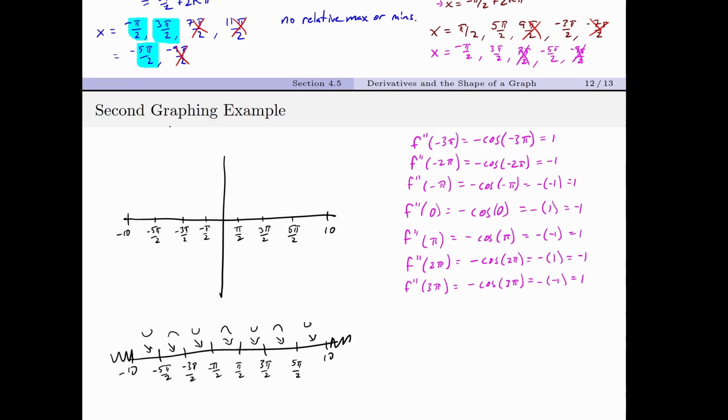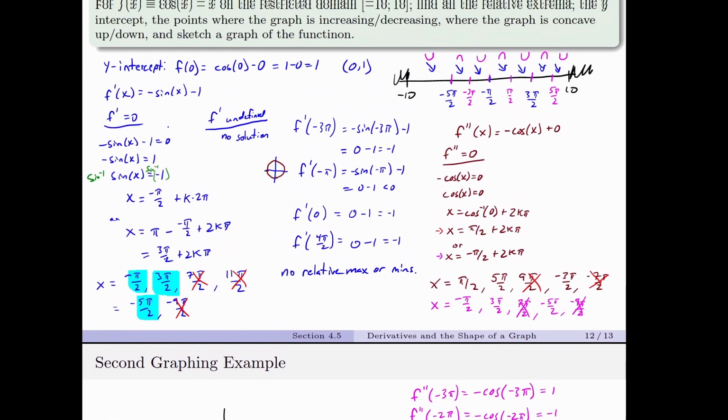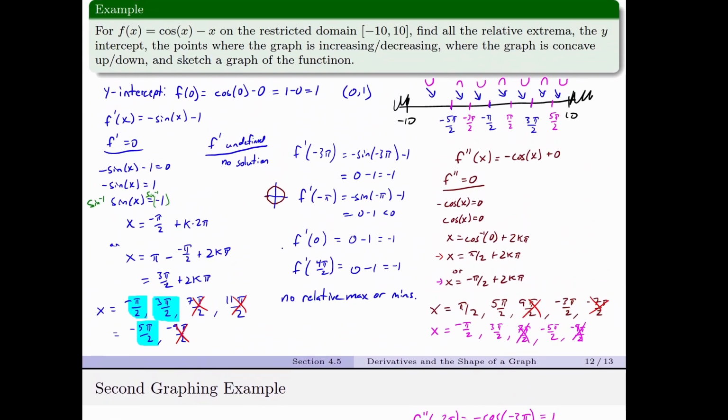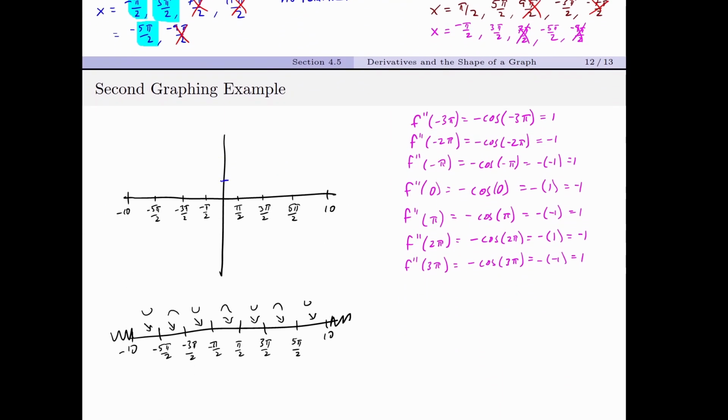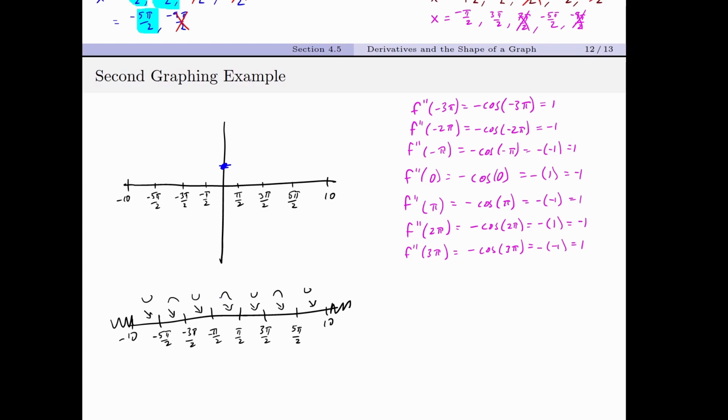Going back up, we had a y-intercept of (0, 1). So when x is 0, y is 1. Moving to the right, this is in the middle of an interval that is concave down and decreasing, so we want to have that bent down shape. Then it's still decreasing, but now it's bent up, and then bent down, and then bent up.